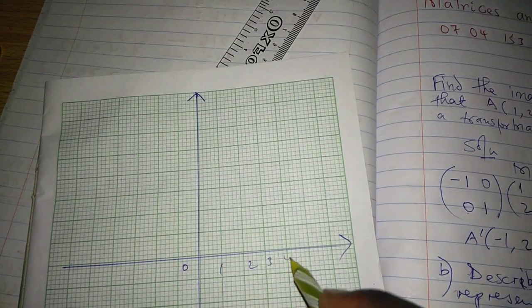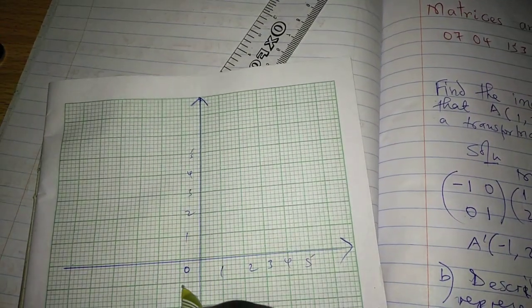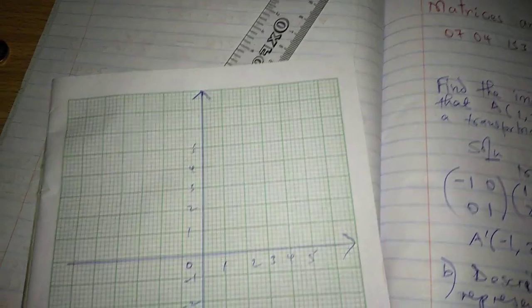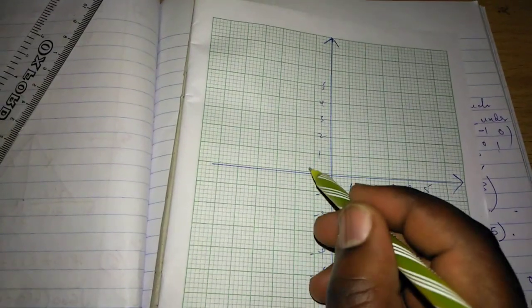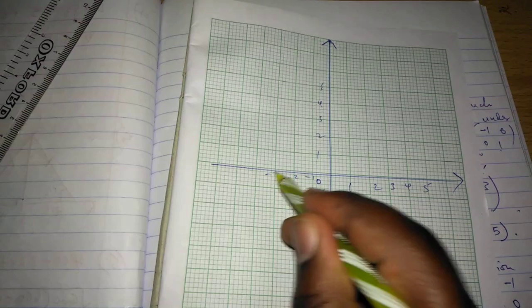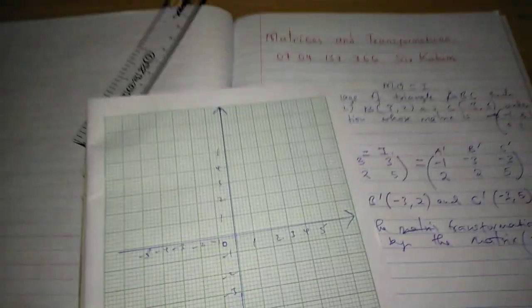So we have 1, 2, 3, 4, 5, and negative 1, negative 2, negative 3, negative 4, negative 5 on the other side.